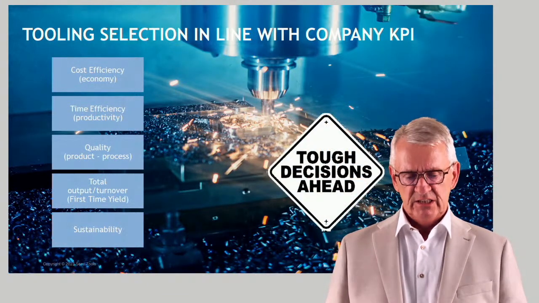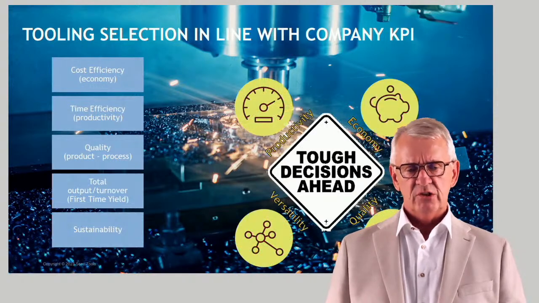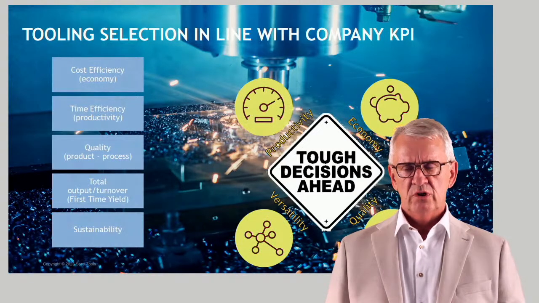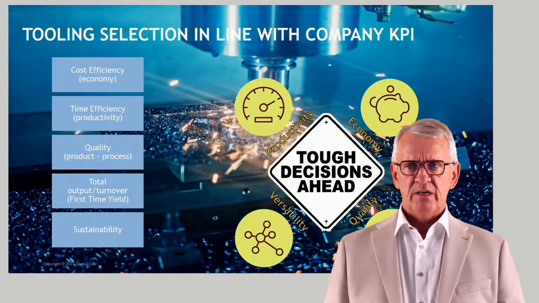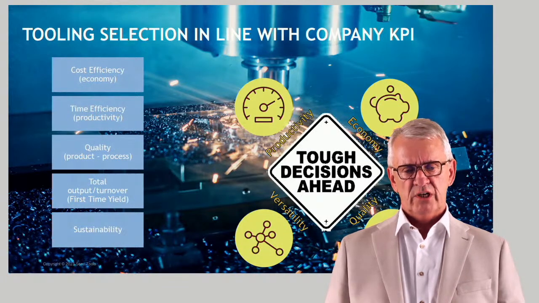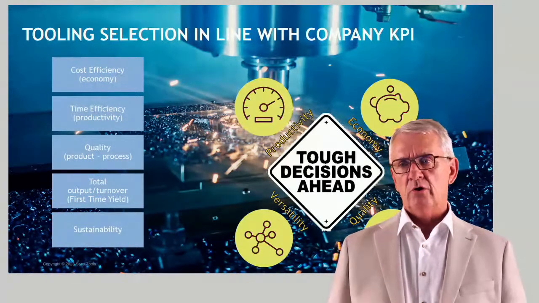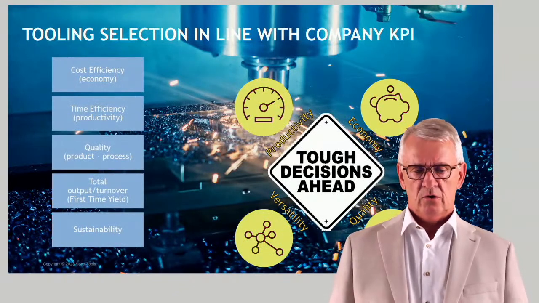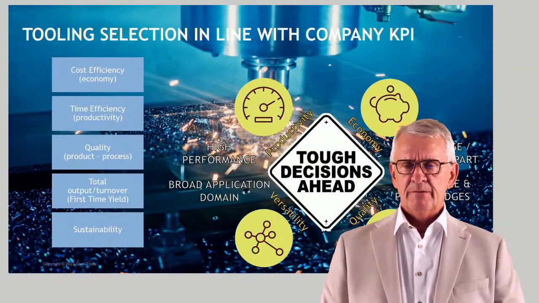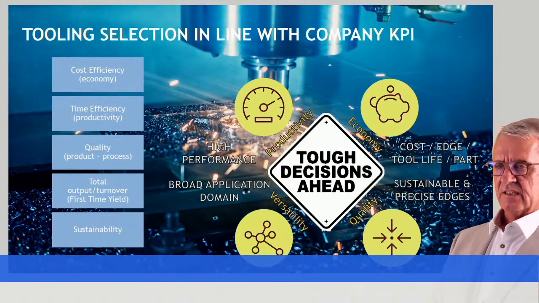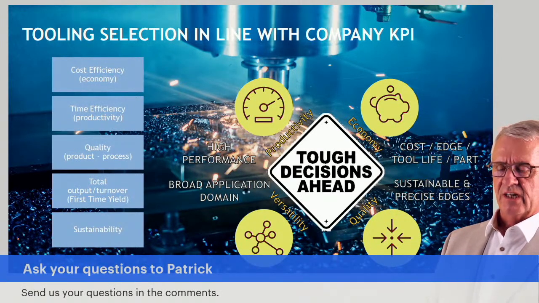And there are tough decisions needed there, because it's not always easy to prioritize things. Because in these 5 KPIs, one can go for number 1, productivity, or economy, or versatility, or quality, and depending on what is decided most important, tool selection needs to be in line with that.